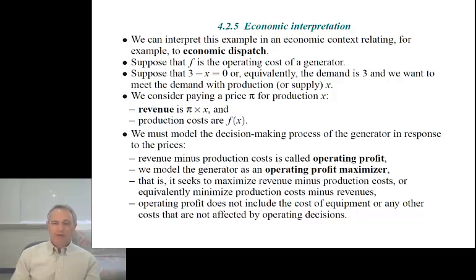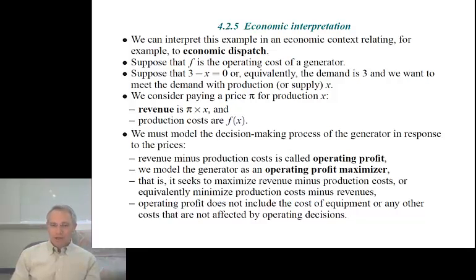Since we've mostly discussed minimization problems, I'm going to think of an equivalent problem of minimizing minus that objective. In other words, minimizing production costs minus revenues. That may not be a perfect model of decision making, but it's a reasonable start at trying to model how market participants could be expected to behave.